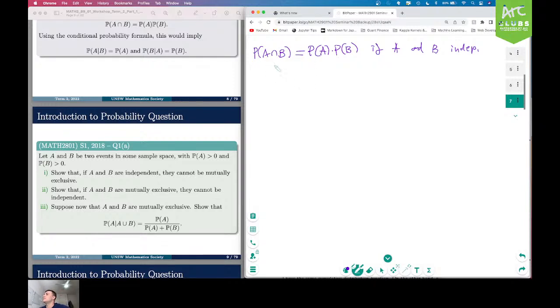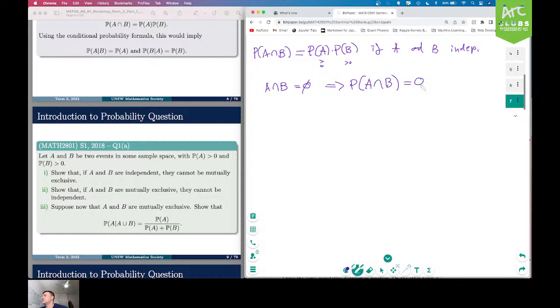Now the problem here is that this part is greater than 0 and this part is greater than 0 as per the question. So they cannot be mutually exclusive, because if they are mutually exclusive, then the left-hand side is going to be 0 and the right-hand side is going to be something greater than 0, right? So with mutually exclusive, there's no intersection, so A intersect B is the empty set, which then implies that the probability of A intersect B is 0.